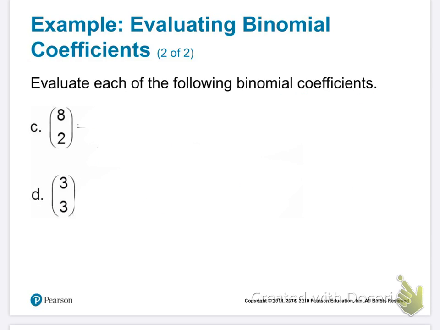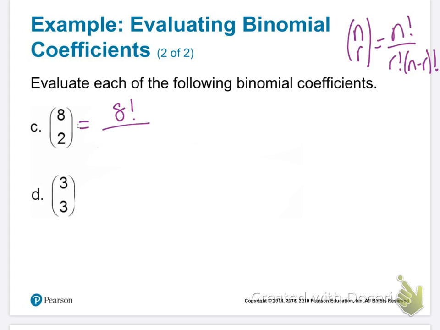Okay, we have 2 more like this. We still have that same formula: n above r is n factorial over r factorial times n minus r factorial. So n is 8, giving 8 factorial over 2 factorial times 8 minus 2 factorial, which is 6 factorial.